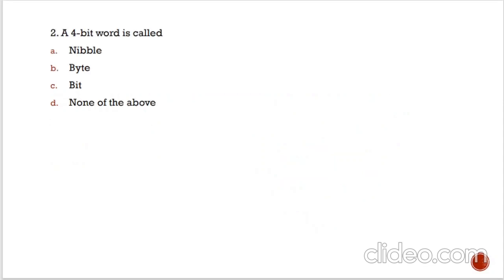A 4-bit word is called a nibble. Single bits are 0s and 1s. If you have 4 bits, 0 1 0 1, it is considered as a nibble.